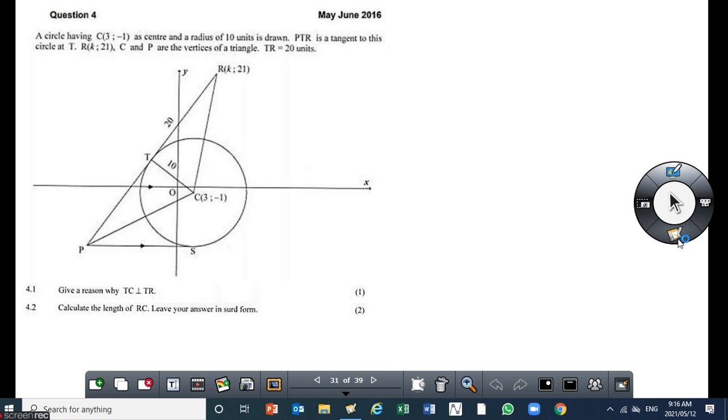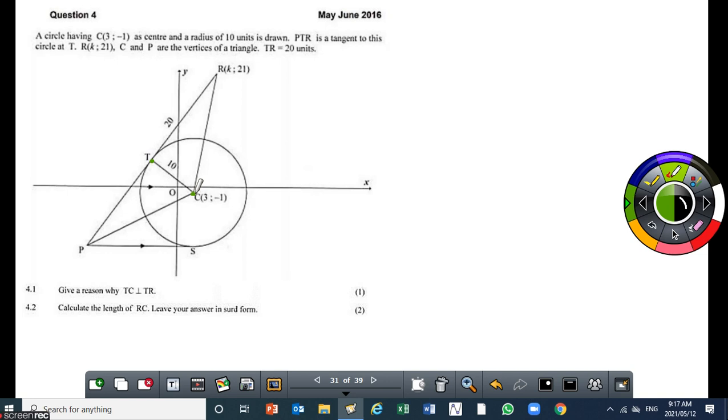Alright. 4.1 says give a reason why TC is perpendicular to TR. TC is this line here, from this point on the circumference to the center.